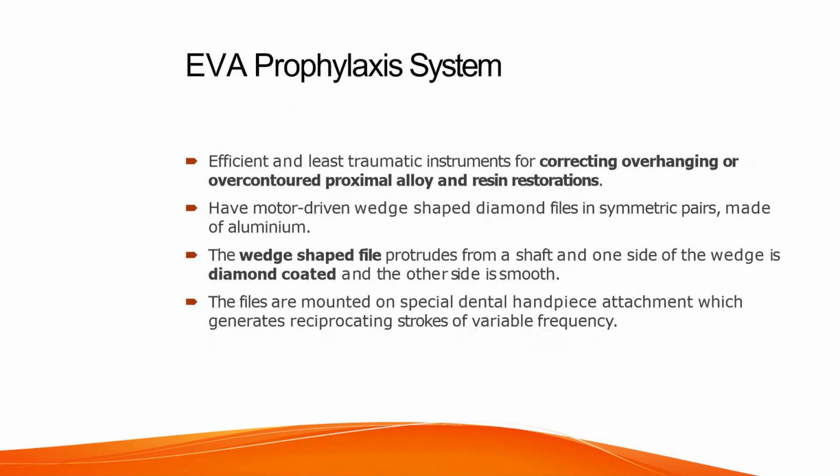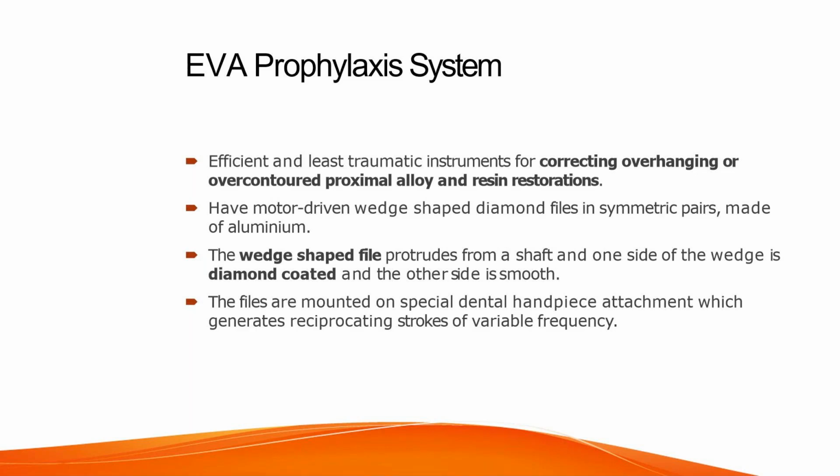Then you also have the EVA prophylaxis system, for more efficient and less traumatic correction of overhanging and overcontoured proximal alloys. It has motor driven wedge shaped diamond files in symmetric pairs of aluminium.